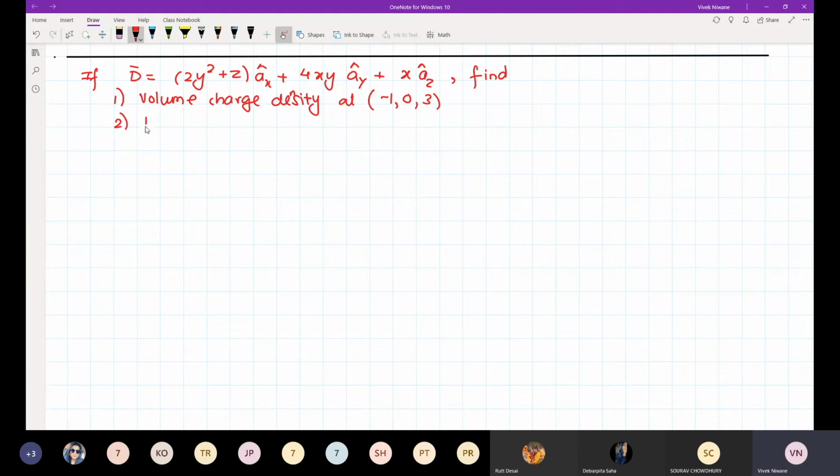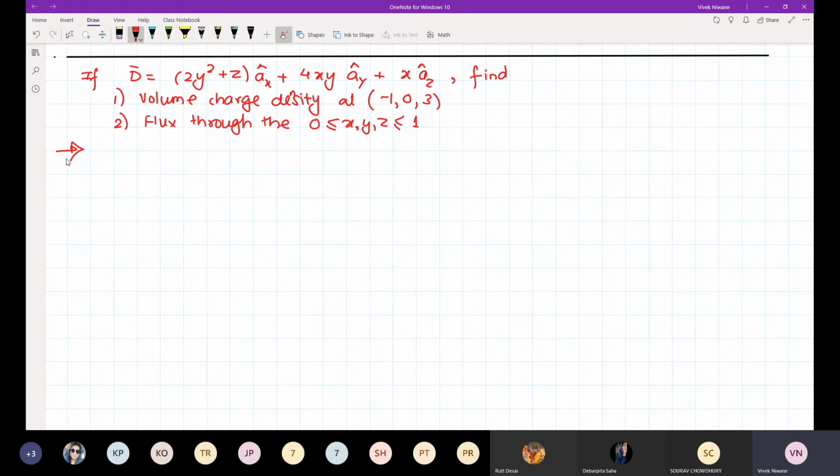Second, flux through the volume where x, y, z are varying between 0 to 1. So this is a kind of numerical.